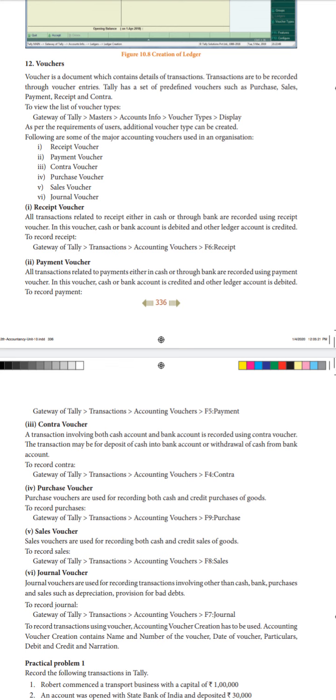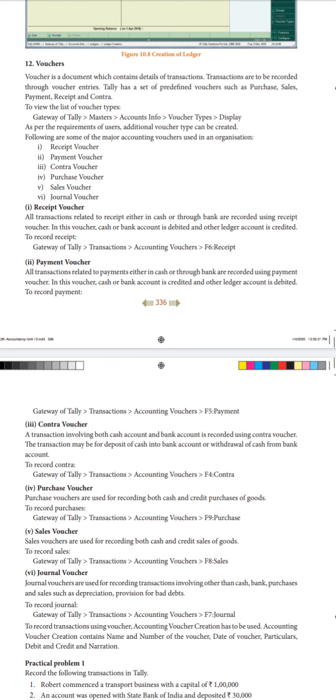Again, in this voucher the cash or bank account is credited because we pay cash, and whichever ledger is on the opposite side, that account is to be debited. To record the payment, Gateway of Tally, Transactions, Accounting Vouchers, the F5 feature must be used for entering in the payment voucher.